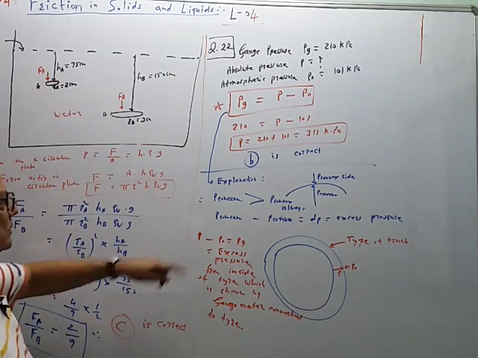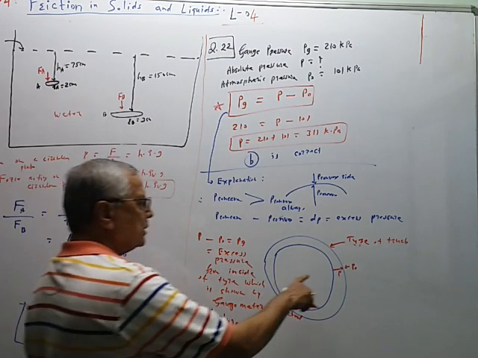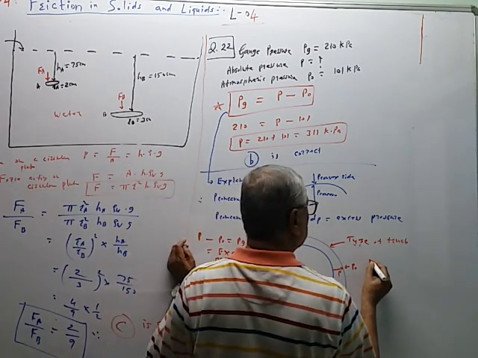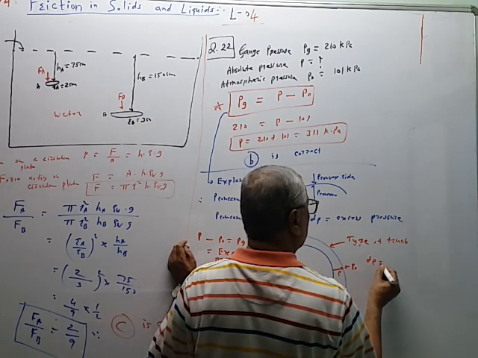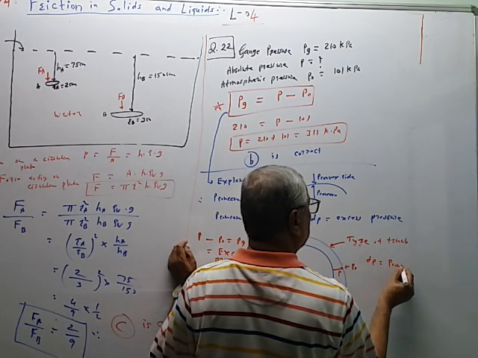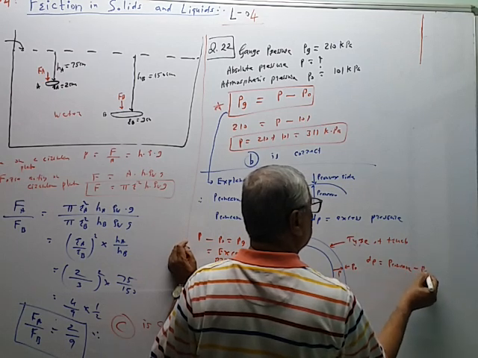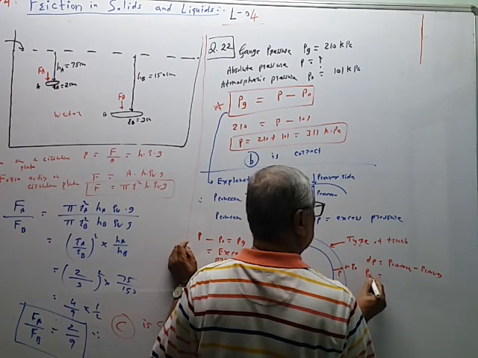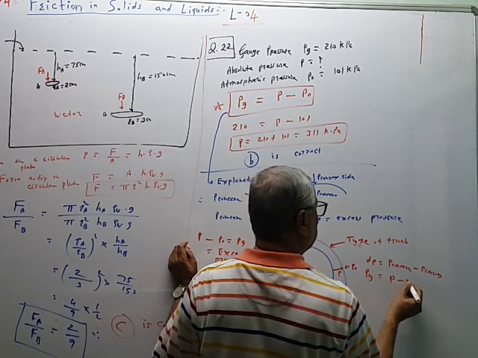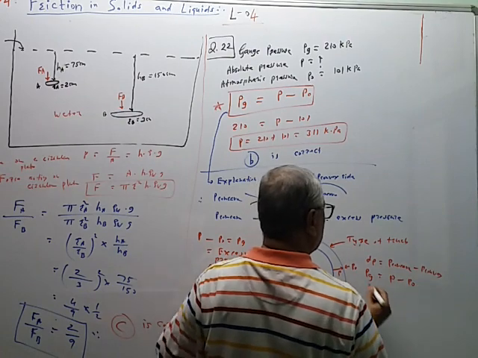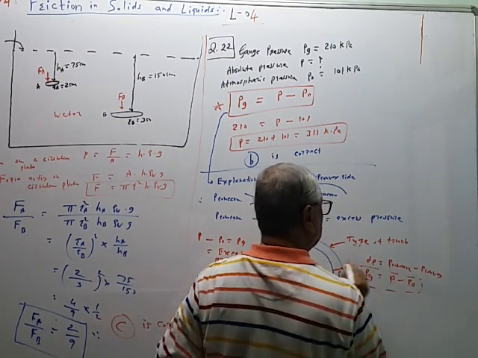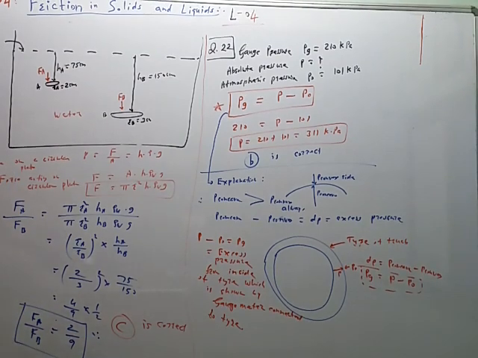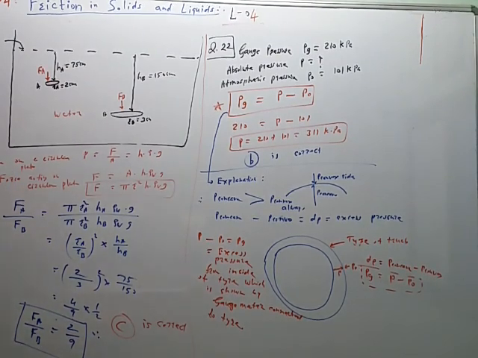So this is the expression. Pg is equal to P minus P0, pressure on concave side minus pressure on convex side. So dP is equal to P concave minus P convex. Pg is equal to inside pressure minus outside pressure. So this analogy is important.